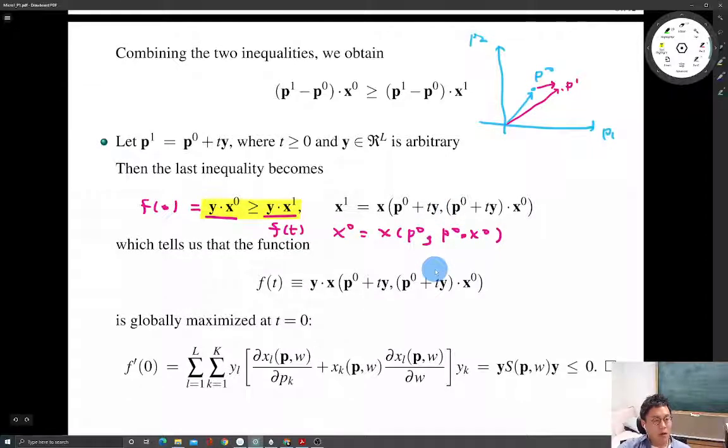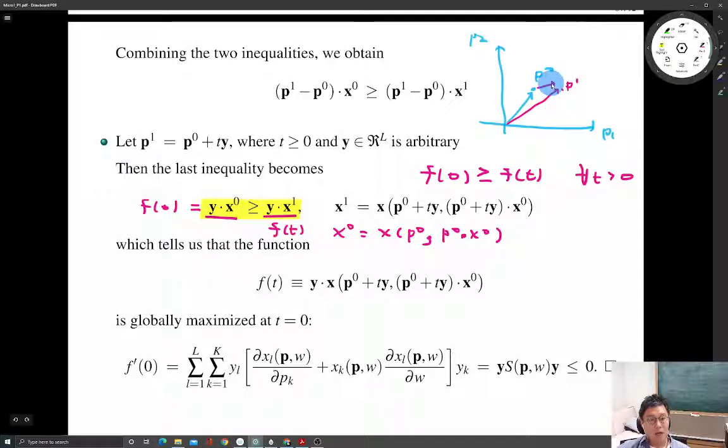So we have this inequality: f of 0 is larger than f of t. Once again, we have a lot of freedom on the choice of t. T was the size of this vector. So for every t, we have this.